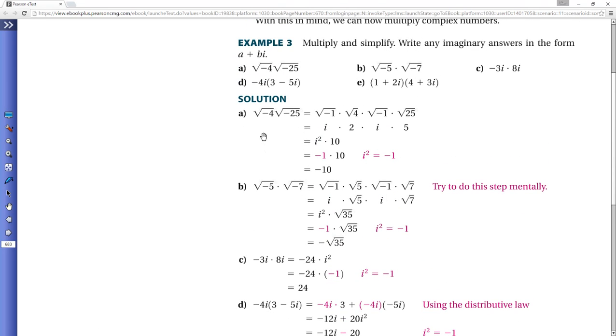And another way to deal with negatives too is you could go, I could change this to be i squared times 4 underneath this radical. So the radicand is i squared times 4, and this is i squared times 25.